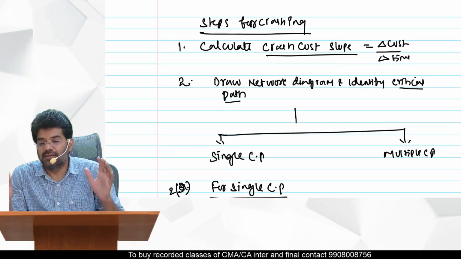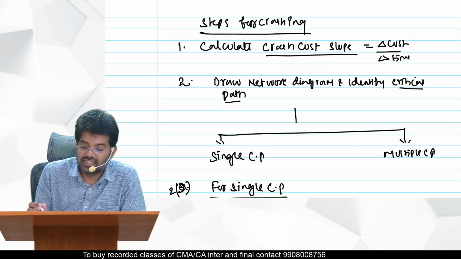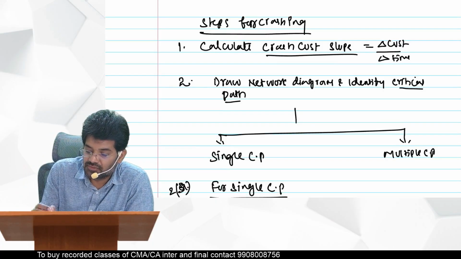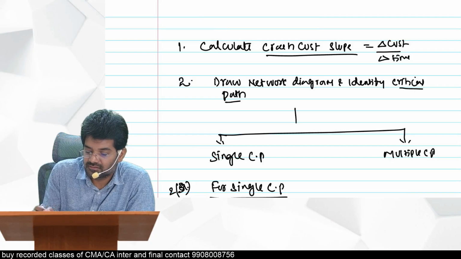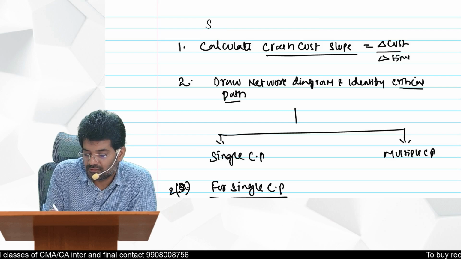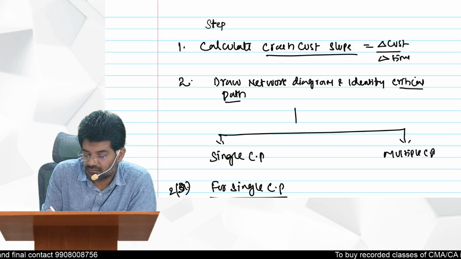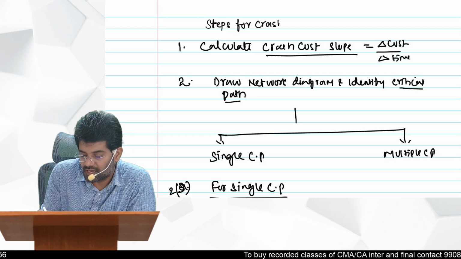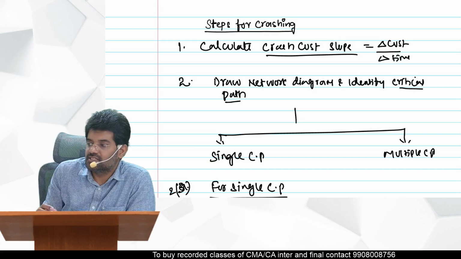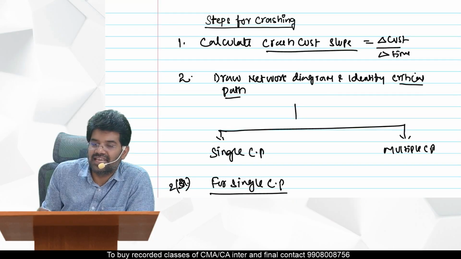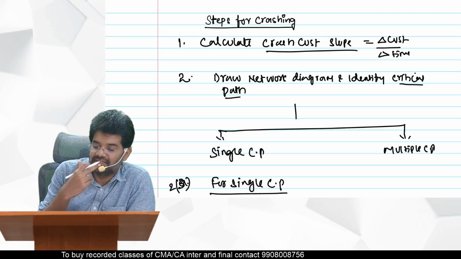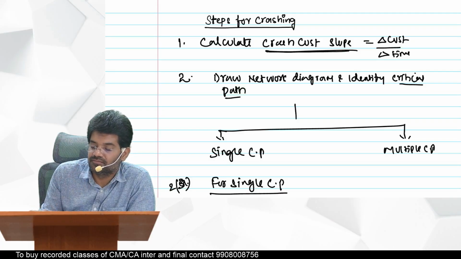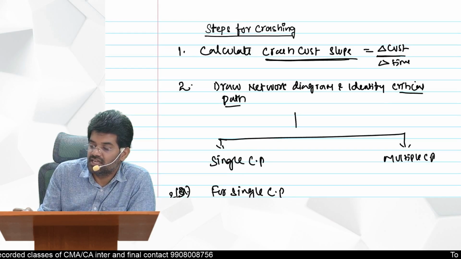So what are the steps for crashing? Let's summarize now. These are the steps for crashing. First one is you should calculate the extra cost per 1 day saved. Crash cost slope. Change in cost. How do you get change in cost?